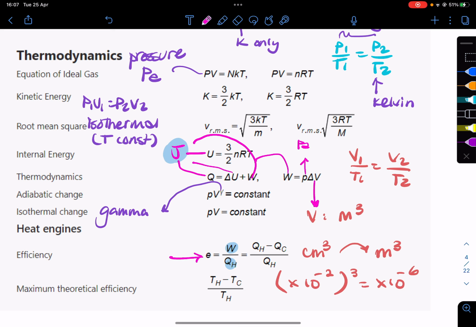E is unitless, but sometimes we multiply by 100 and put a percentage sign.